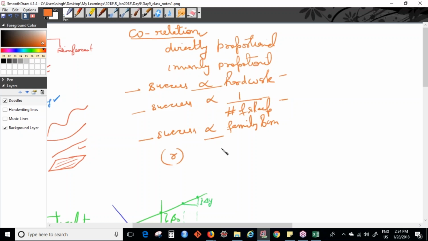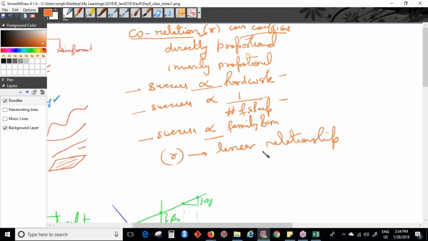Okay, so let's see what that correlation is. First I will write the definition. It is represented by small r, and it is called correlation, or sometimes correlation coefficient. Both mean the same. What does this do?